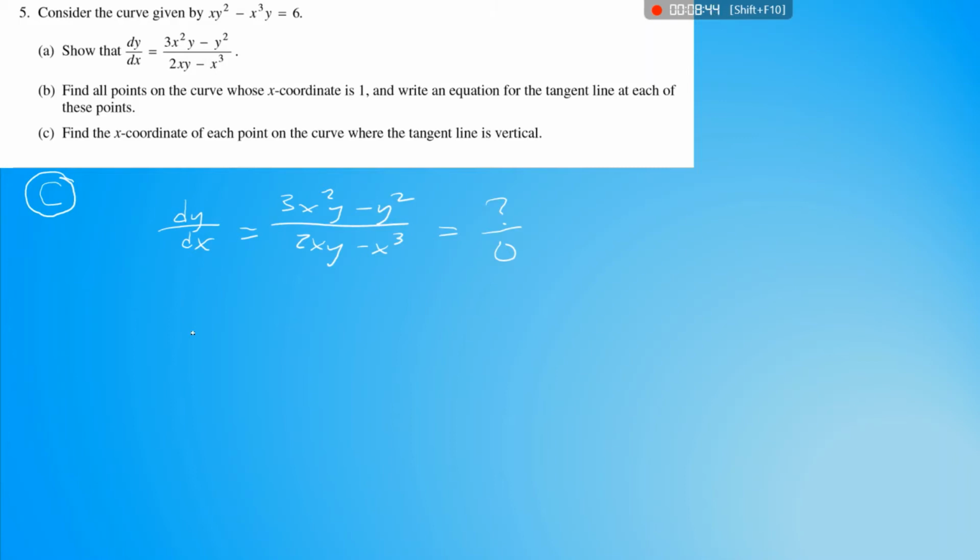So what can I do to figure out when this will be vertical? Oh, we have to find the x-coordinate.